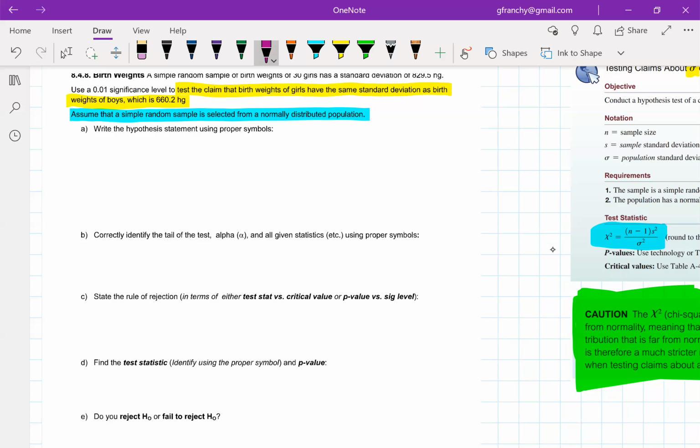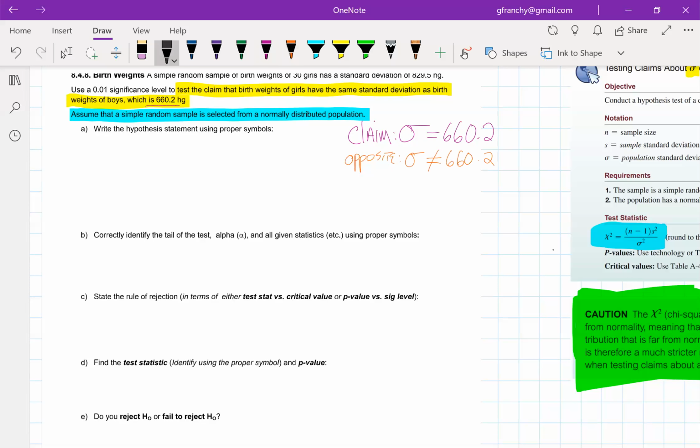So we have our claim, which is the standard deviation of girls is equal to the standard deviation that they gave us for boys, which was 660.2. And then the negation of that is that the standard deviation would not equal 660.2.